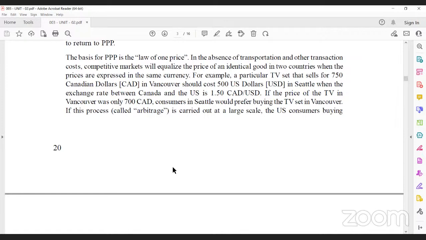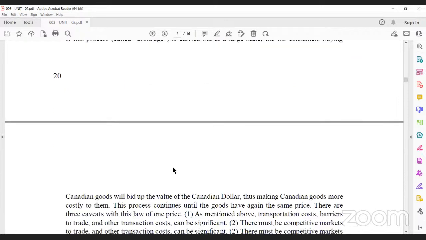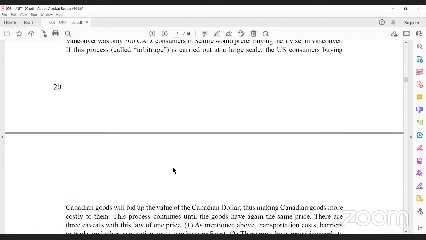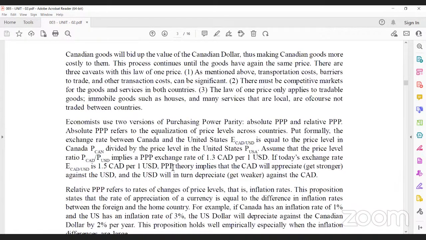And these US consumers buying Canadian goods will bid up the value of the Canadian dollar, because there it is purchased in Canadian dollars, and the Canadian goods will become more costly to them. If this process continues, the goods will again have the same price.